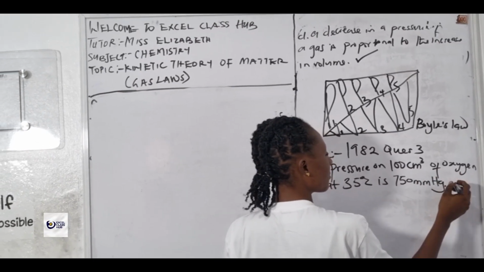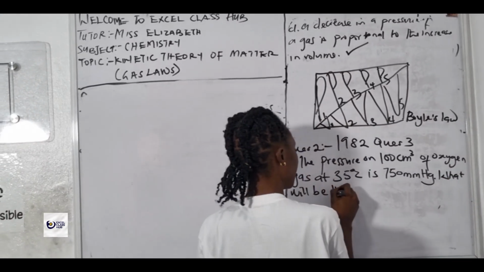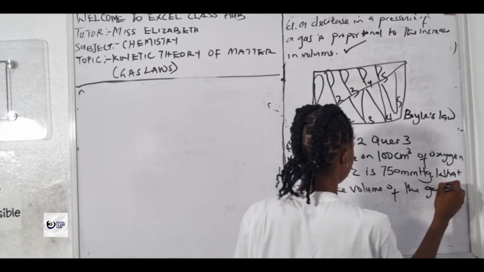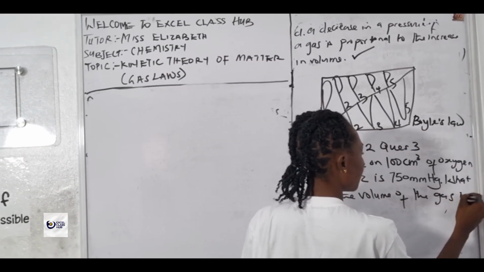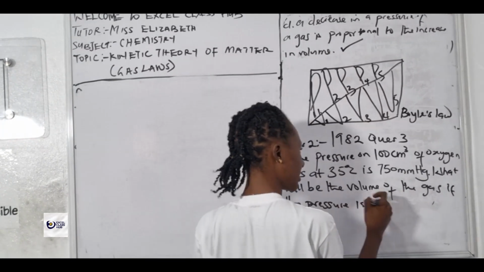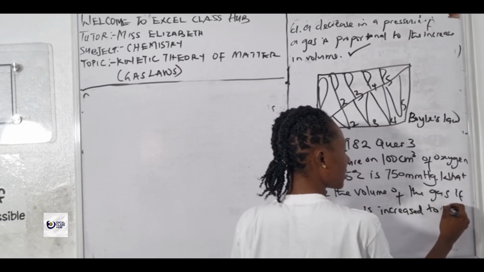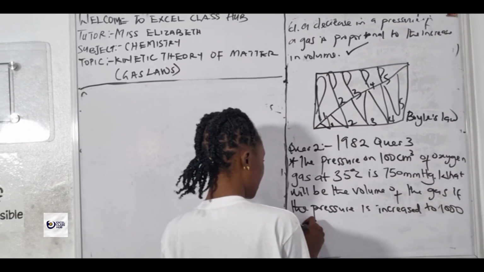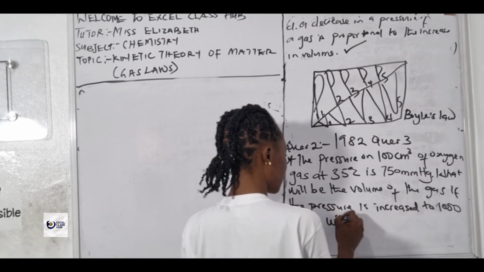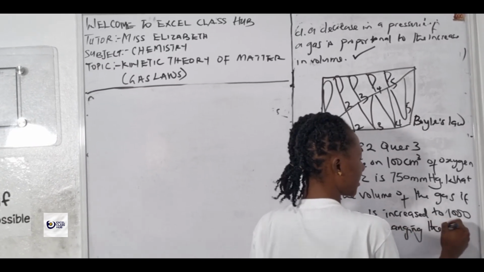What will be the volume of the gas if the pressure is increased to 1000 millimeter mercury without changing the temperature?